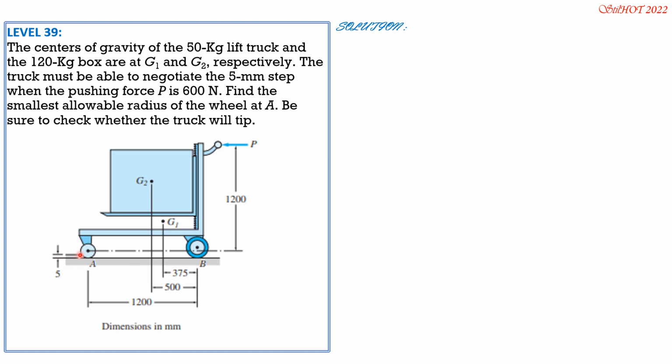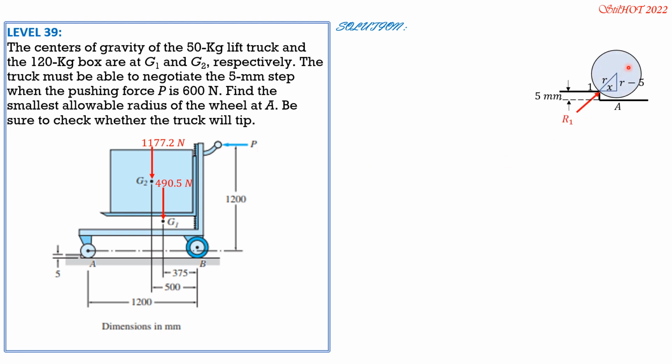So meaning moment at this corner here, not at A but at this corner, is 0. So let's enlarge that portion. Let's apply the weight of this one at G1. 50 times 9.81 is 490.5. 120 for the box, 120 times 9.81 is 1177.2 newtons. Then P is 600, take note.